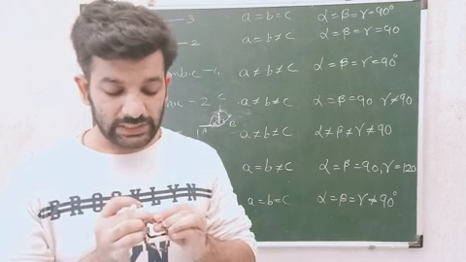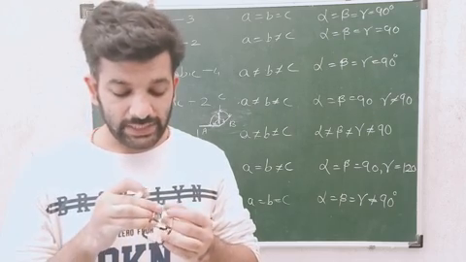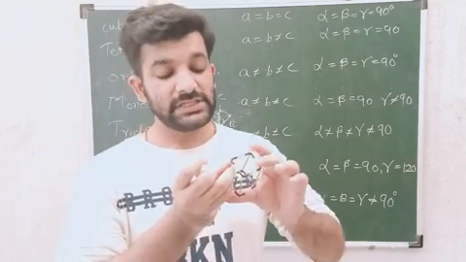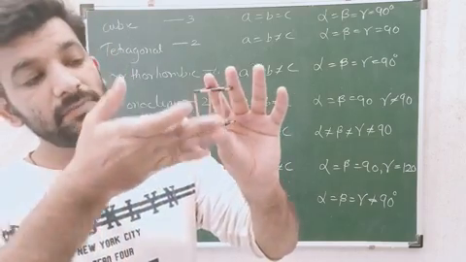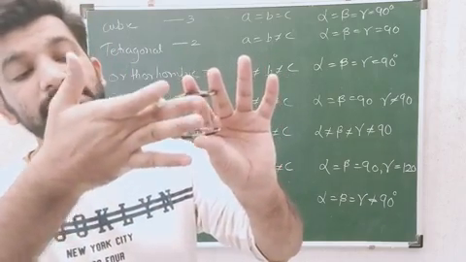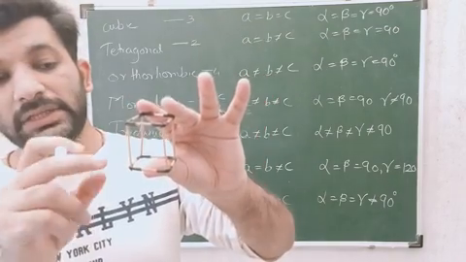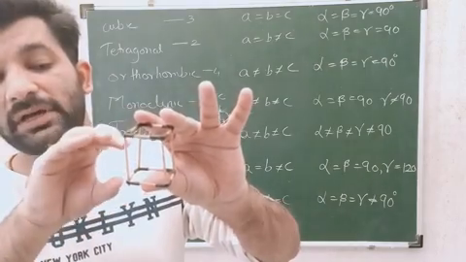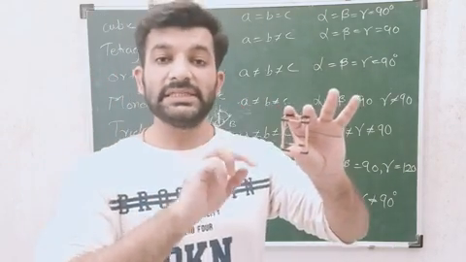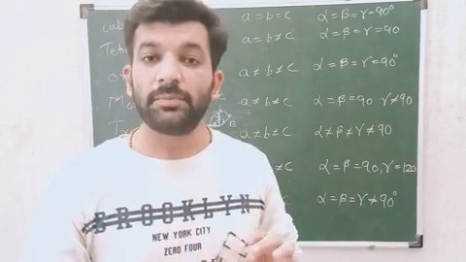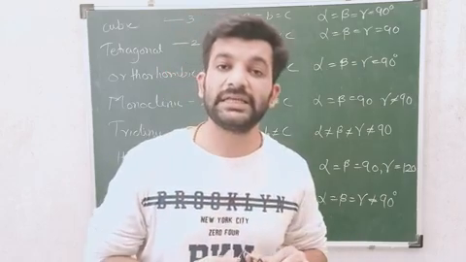In face centered, what will happen? At each face I will have atoms present over there, and that atom is what? Half atom. Means if this is the face of my structure cube, then at that face I will have an atom from inside. That atom present at the faces is known as what?